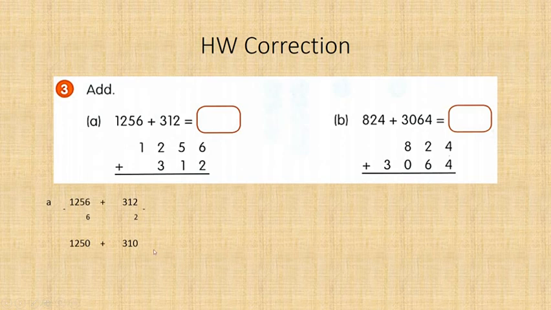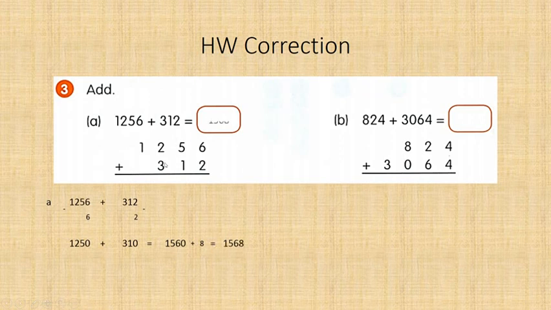If you added them together, it's going to be equal to 1560, right? Yeah, you can do it yourself, by the way. So it's 1560. But remember that you removed 2 and you removed 6 from the question. So I have to add 8 in the answer because 6 plus 2 equals 8. So 1568 is going to be the answer.